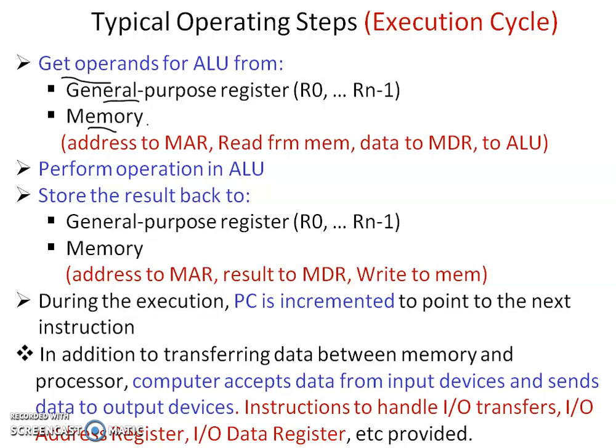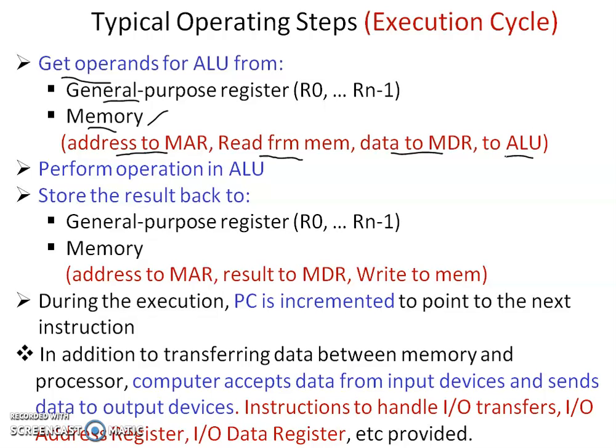So in order to get the value from the memory, first you need to place the address in the MAR and read from memory, which means the control unit will initiate the read control signal and data will be loaded to the MDR from the memory and then given to the ALU.